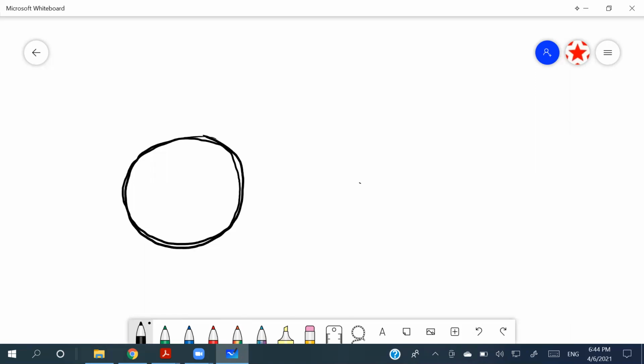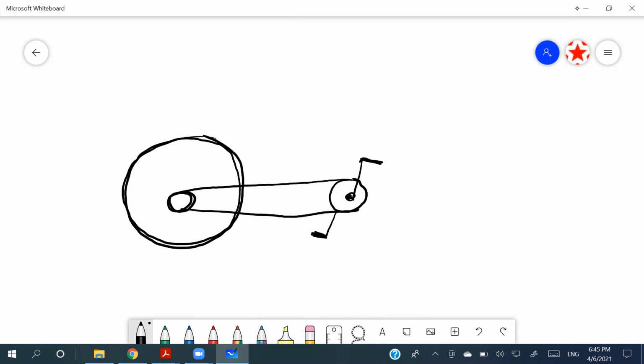And there are components called pedals, right? And the cogwheel and the chain connecting the wheel and the pedals, right?